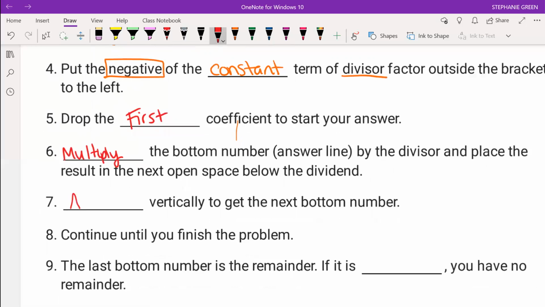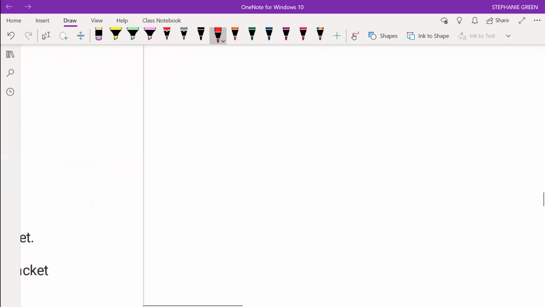Then we add vertically to get the bottom number, and then we repeat. So this is kind of our process here. We're going to multiply, add, multiply, add, multiply, add until we get our answer. The very last number on the bottom is the remainder. If it's 0, of course, that would mean that you have no remainder. So let's go ahead and do this process now, and we'll do lots of examples.